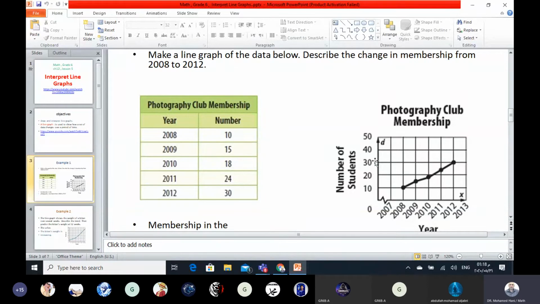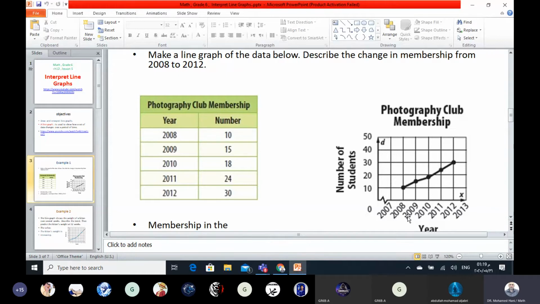So this is 2011 here and 24 here. So the point will be here. 2012, 30. Here 2012 and here 30. Match between them, the point will be here.